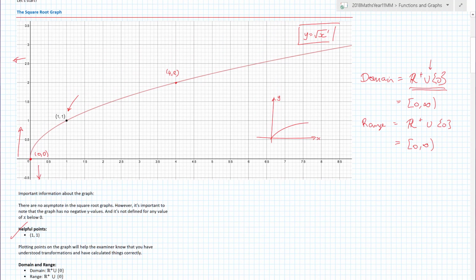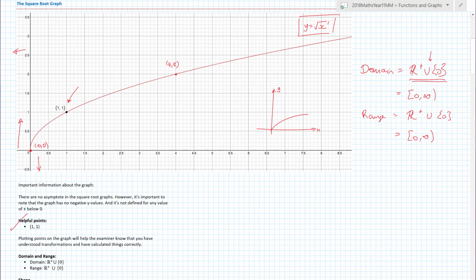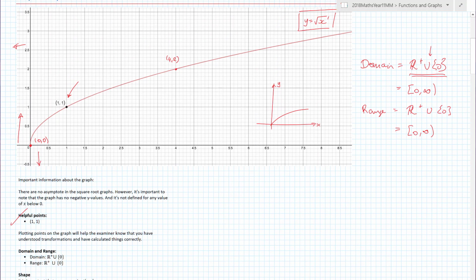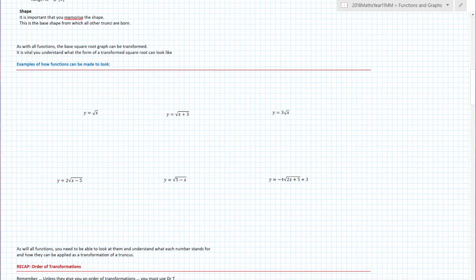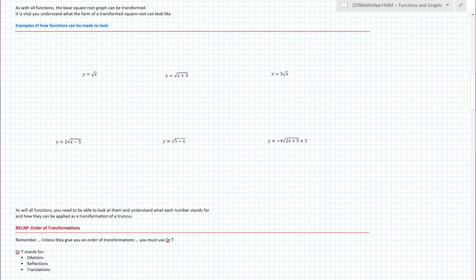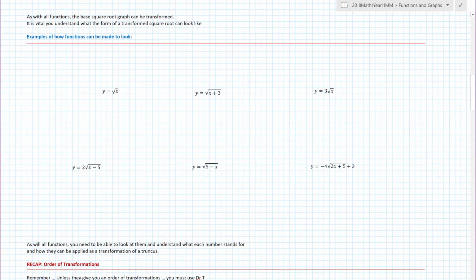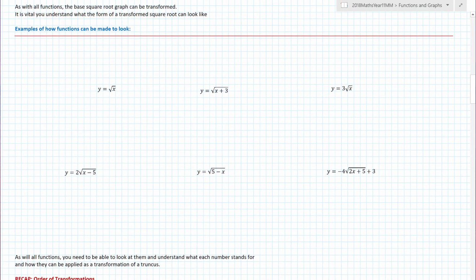Again, as I say for every single one of these graphs, the shape is critical that you know how to draw this. Knowing that, believe it or not, is pretty much the whole lesson. I kid you not. We can make these functions look all sorts of different ways.